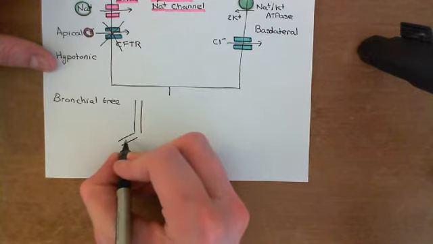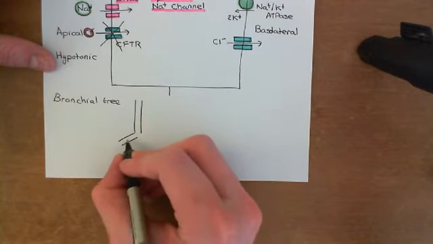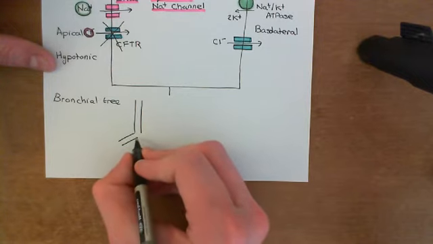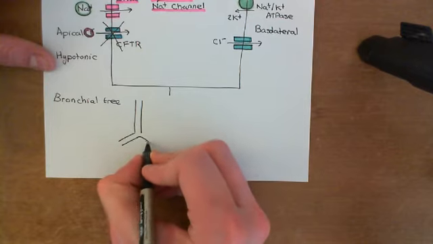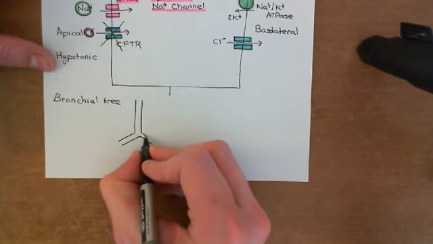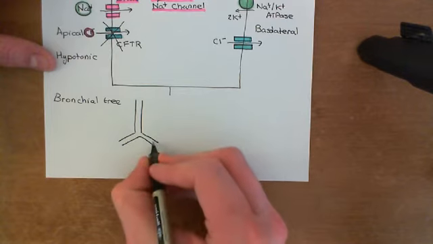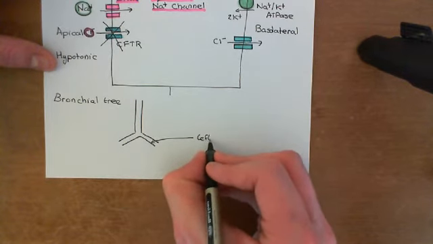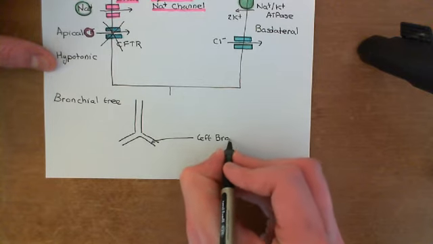Here is the right bronchus, the patient's right, and we're looking from the front here. And this one is the left bronchus. I made a complete pig's ear of that.